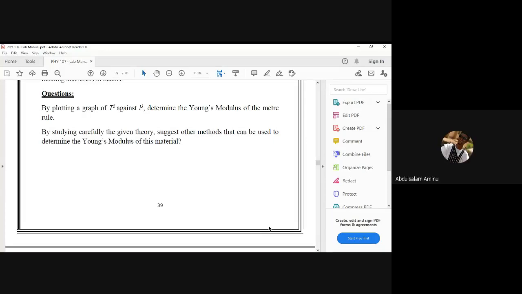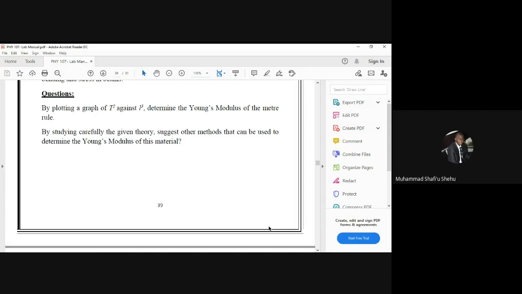Remember, we have T1 and T2, right? We have a column for T1 and T2. So if you look at the question, we're supposed to create 2 more columns for T squared and L cubed.